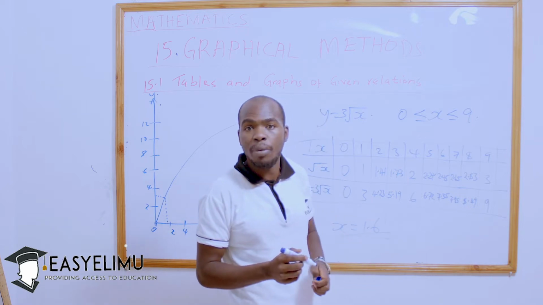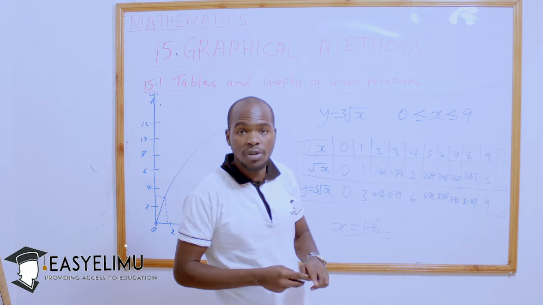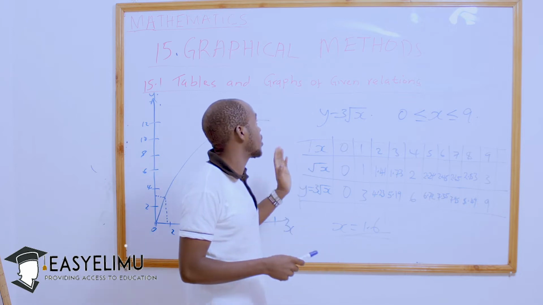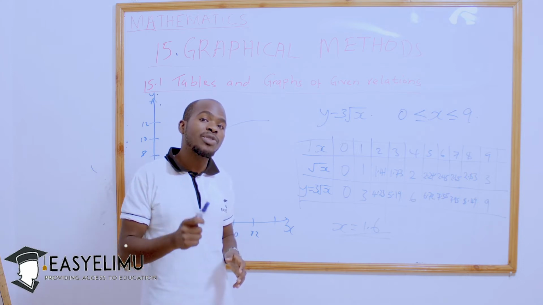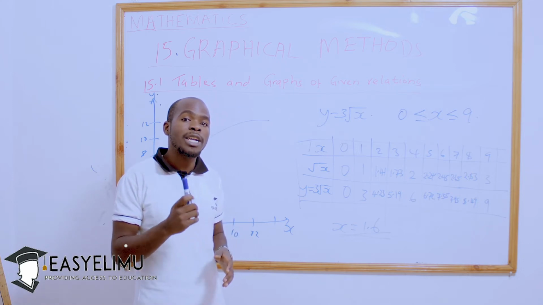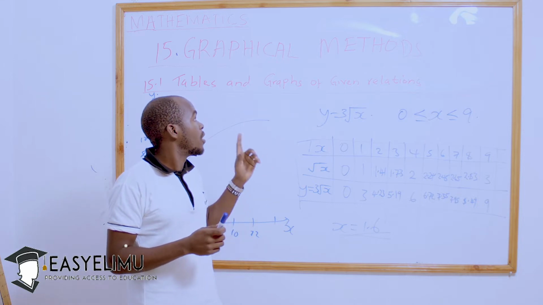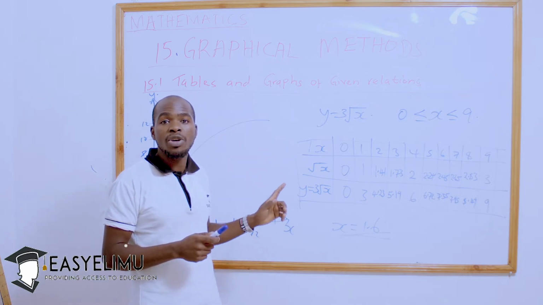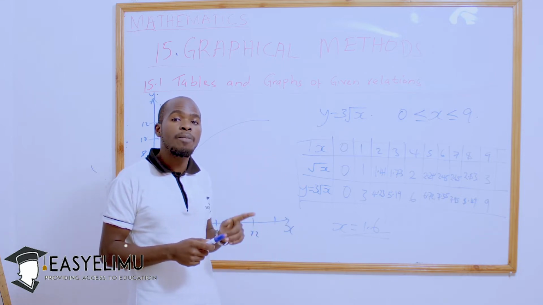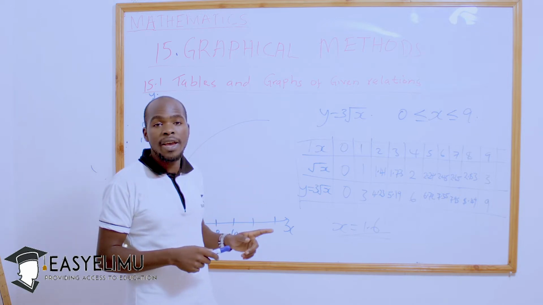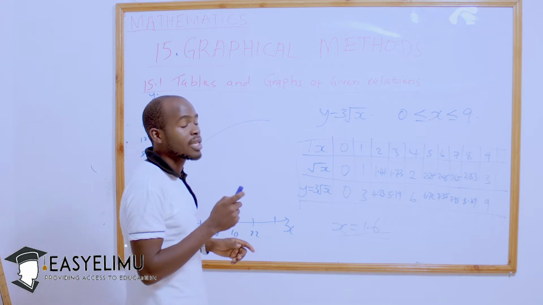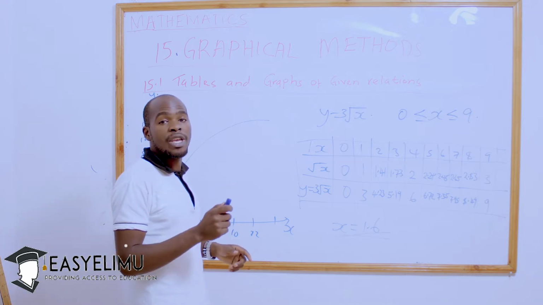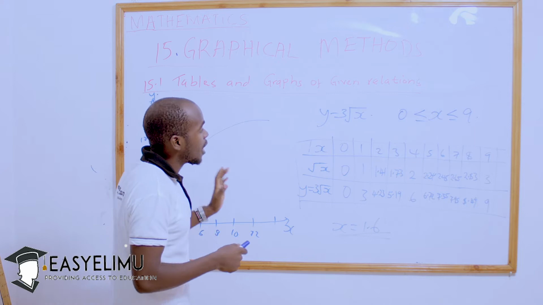This was just a sample of some of the given relations which are related to graphs and tables. But there are several of them. So you can select one, but remember to construct a table before drawing the graph. A table is useful in that it will help you to construct the graph of a given function. So that is how we do that.